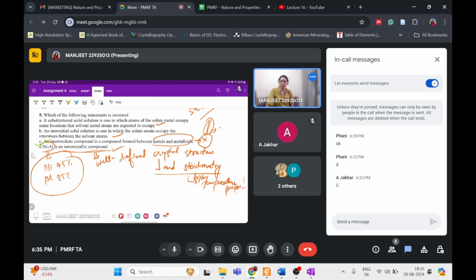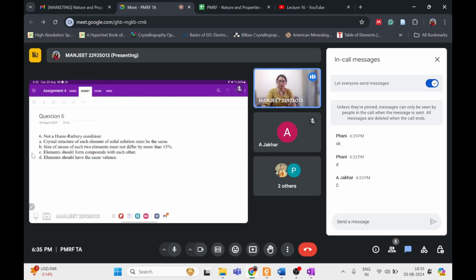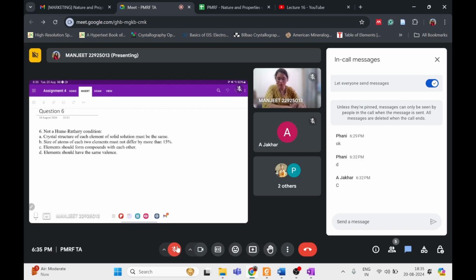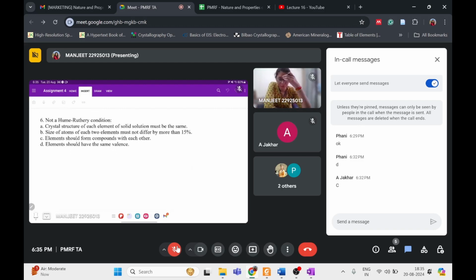Now move to question number 6 and read this question. We have to tell which is not a Hume-Rothery condition.